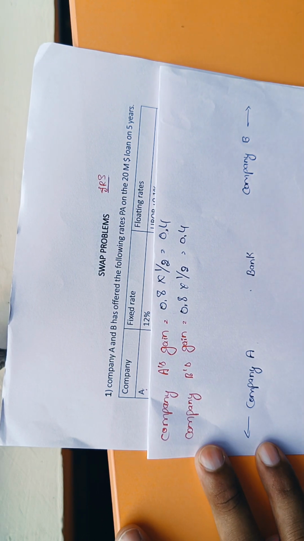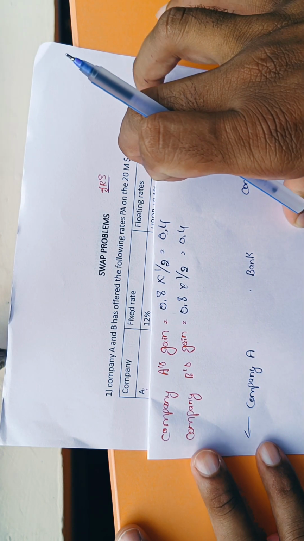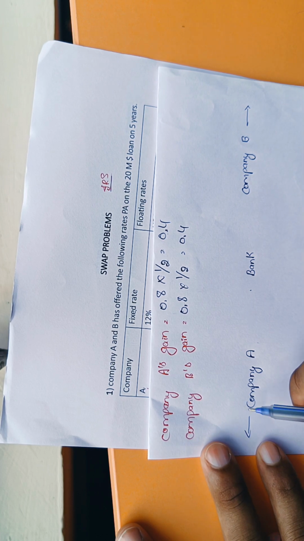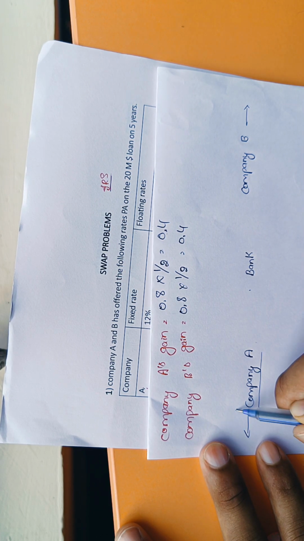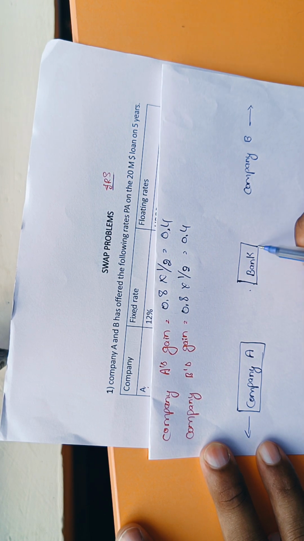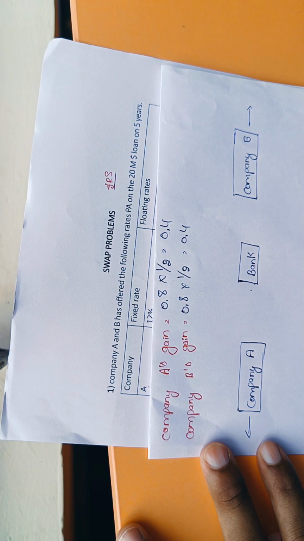Done. Then we need to show how we got this gain in a swap diagram. Start with company A, draw a diagram with company A. Bank is nothing but the intermediary for exchange, and company B. Done.